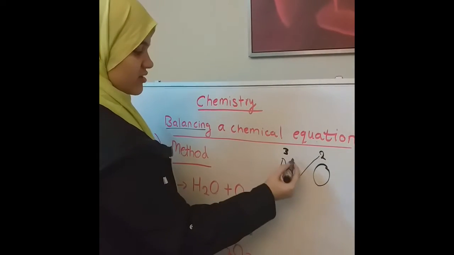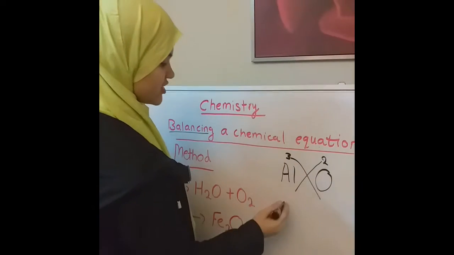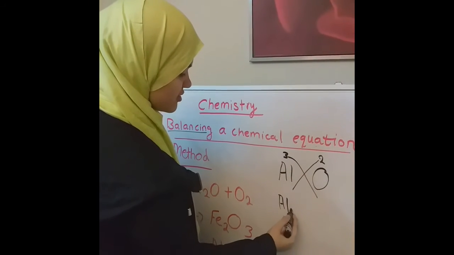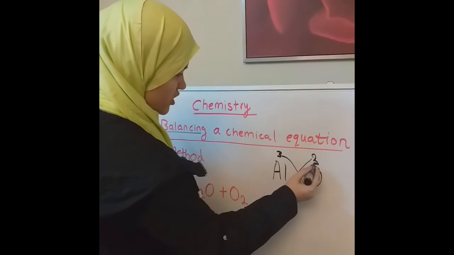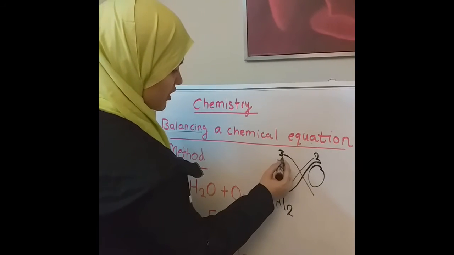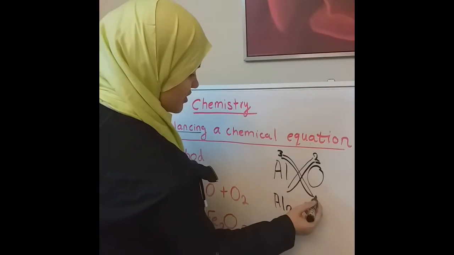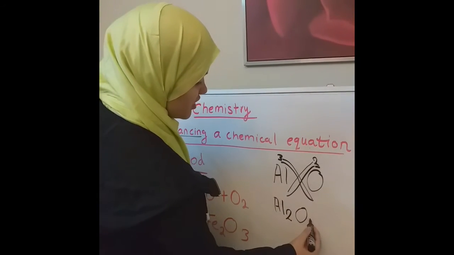Then we crisscross: the valence number of oxygen, 2, enters next to aluminium, and the valence number of aluminium, 3, enters next to oxygen. That means Al2O3.